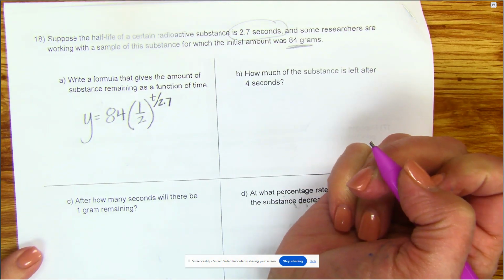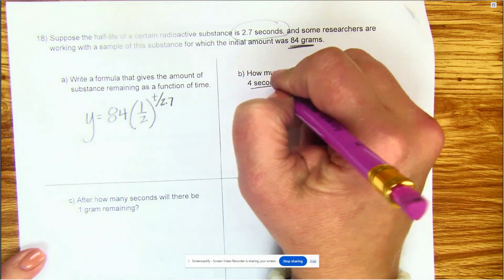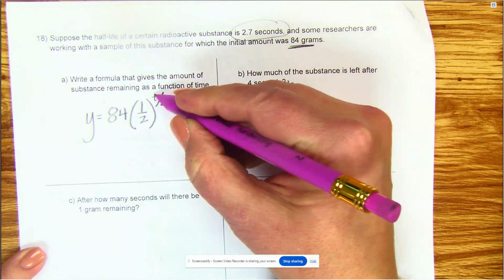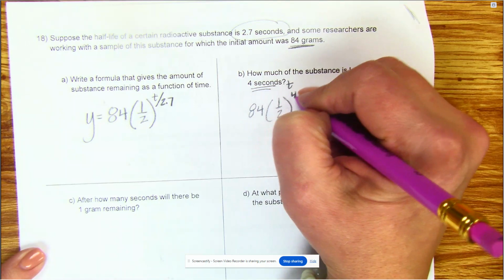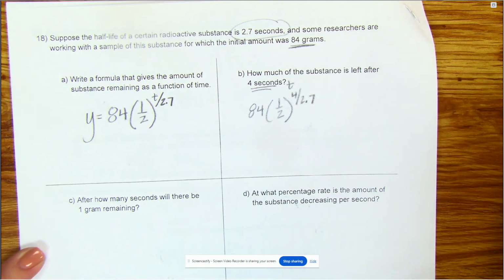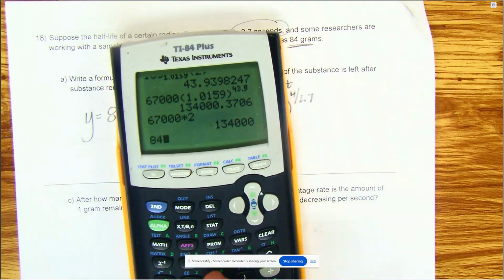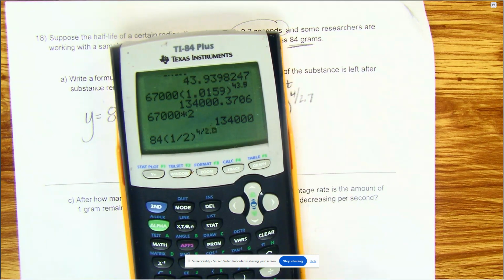How much of the substance is left after 4 seconds? This is time. They're giving you t. No solving here, straight to a calculator. 84 times 1/2 to the 4 divided by 2.7.